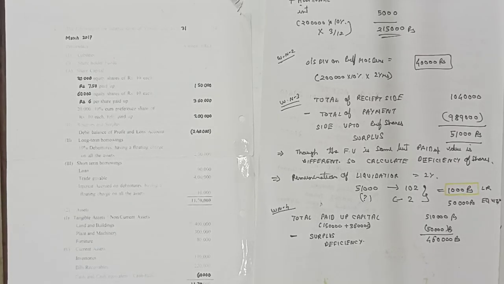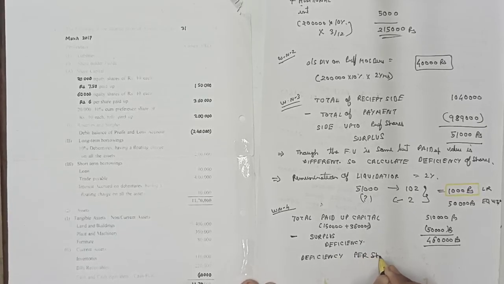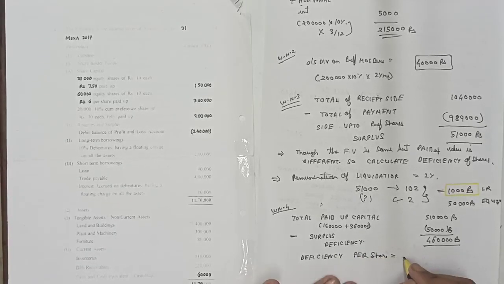So simply finding out loss per share or deficiency per share, right? So how are we going to find it, students? Deficiency per share is equal to 4,60,000 rupees, right? This is the total deficiency. So how many total shares are there?